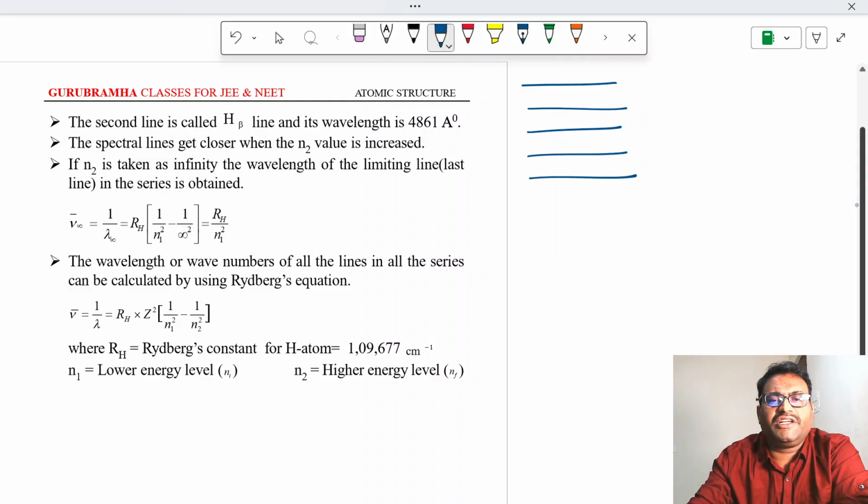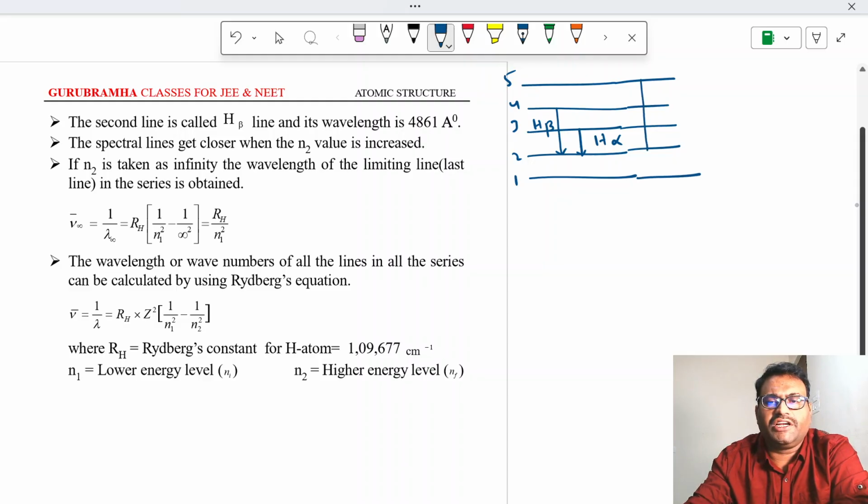When the electron is de-exciting from the third energy level to the second energy level, that is called H alpha. When it is de-exciting from the fourth energy level to the second energy level, that is called H beta. From the fifth energy level to the second energy level, it is called H gamma. Sixth to 2, it is H delta.